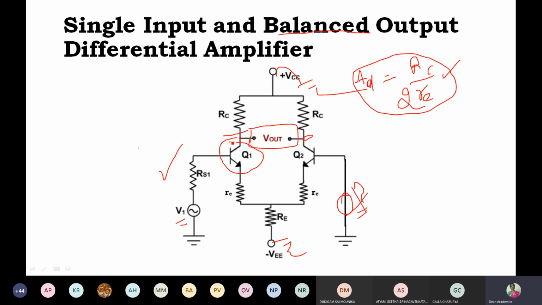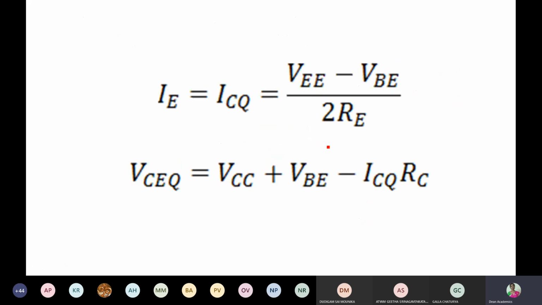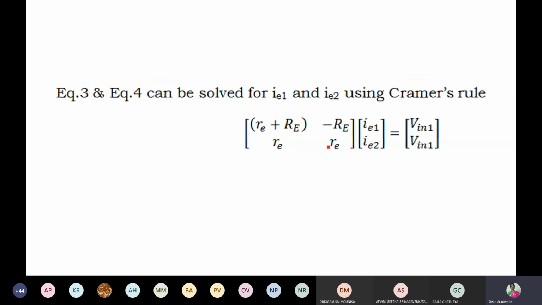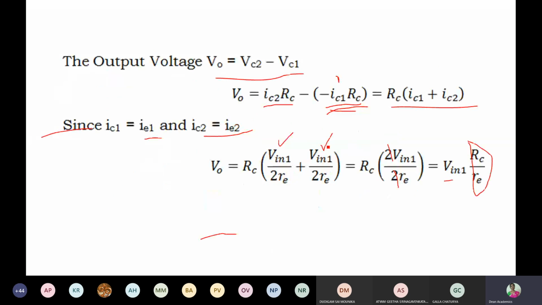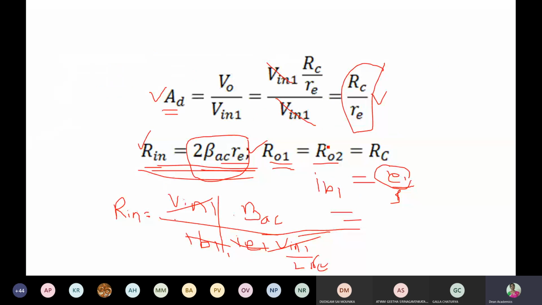If you take here at 1, we say RO1. If we measure here, we say RO2. So with respect to ground. Therefore, output resistance is equal to the resistance measured at output terminals with respect to ground. Between the collector and the ground, only one resistor is present, that is RC. Therefore, output resistance is equal to RC.